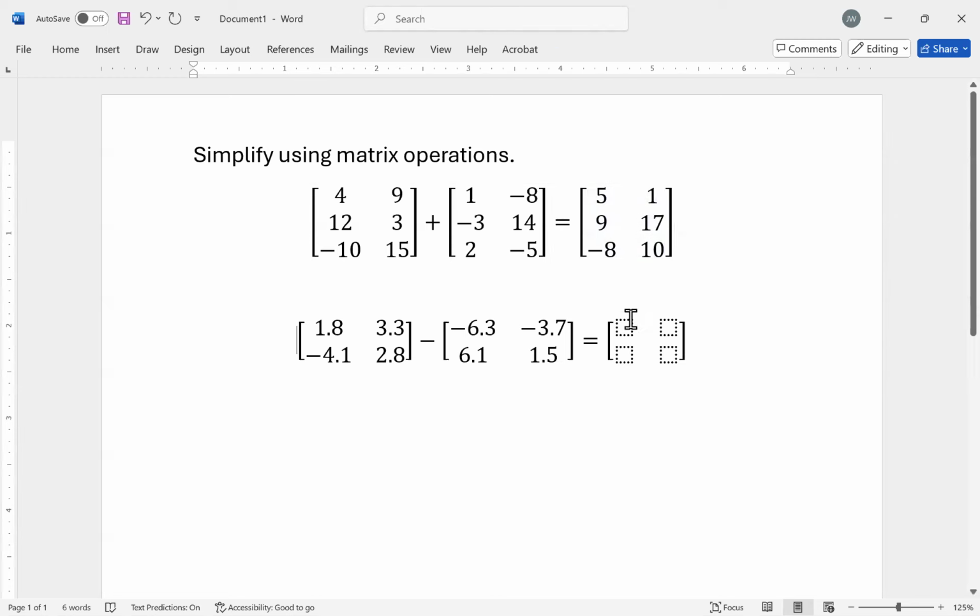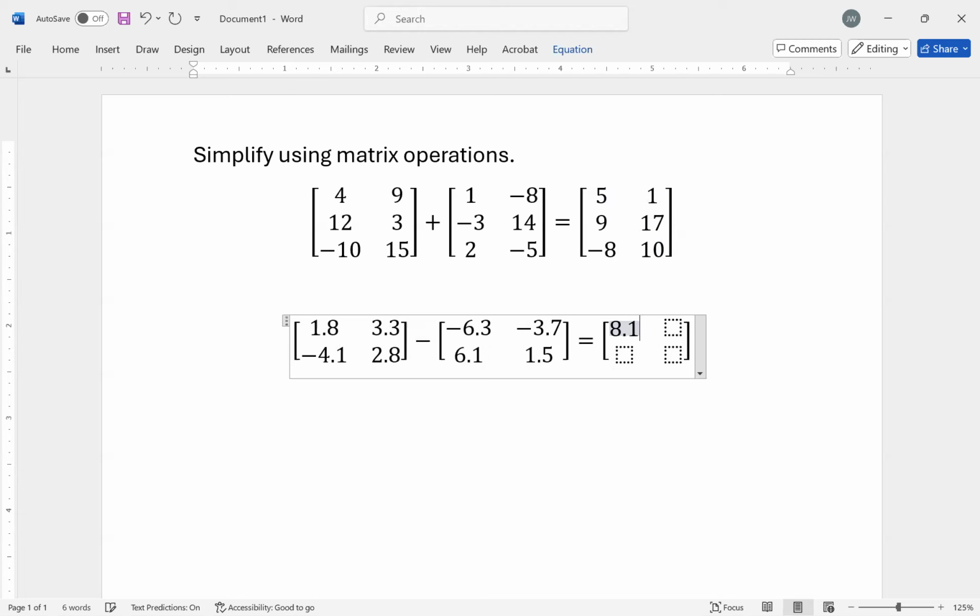In the second problem, it's the same. We take 1.8 minus a negative 6.3. That becomes 8.1. 3.3 minus a negative 3.7 becomes a 7.0 if I want to write the point zero.